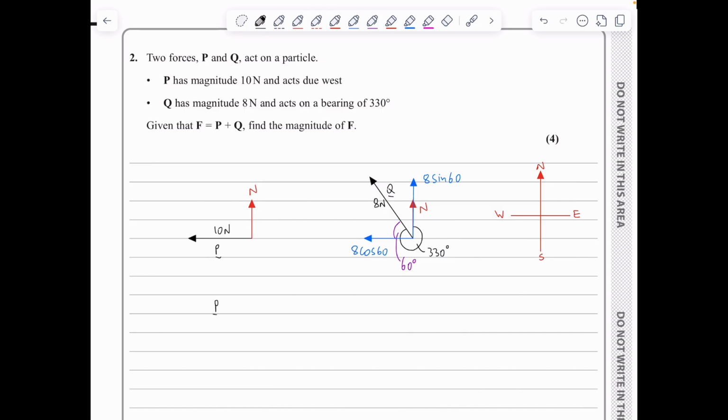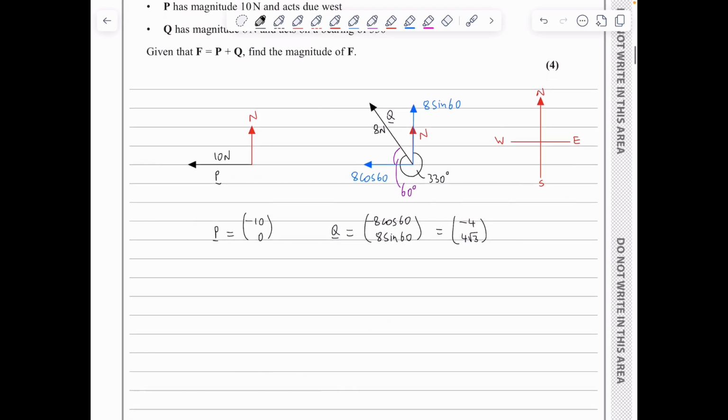So P is pointing to the left, so it's negative 10, 0. While Q is pointing to the left and up, so it's negative 8 cos 60, and then 8 sin 60 is the j component. If I plug this on the calculator, they simplify to negative 4 and 4 root 3.